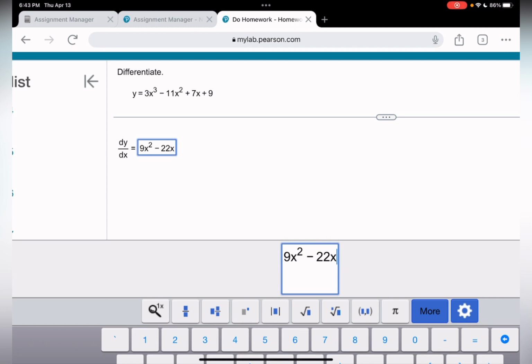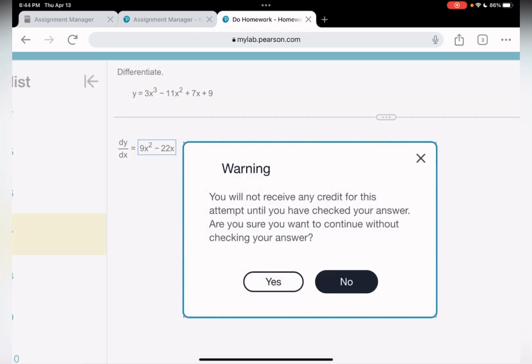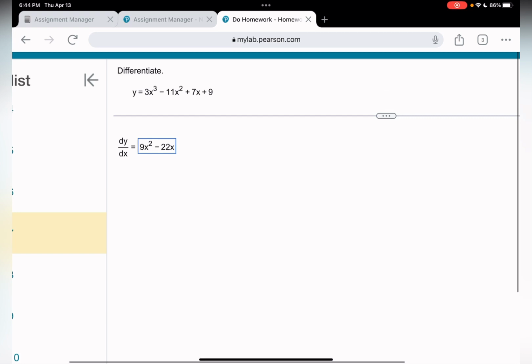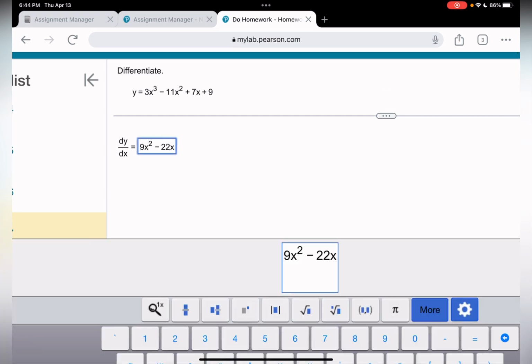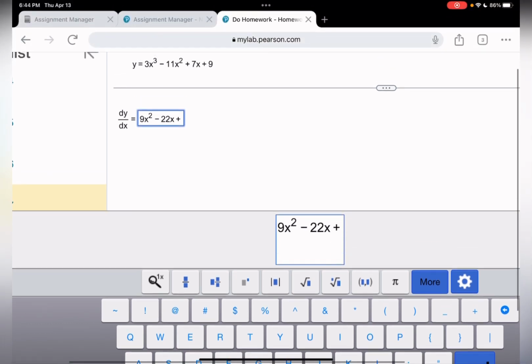Plus 7x, derivative of 7x is going to be just 7, right? Are you sure you want to continue without checking? No, we haven't done yet. Plus 7x, it's going to be 7.